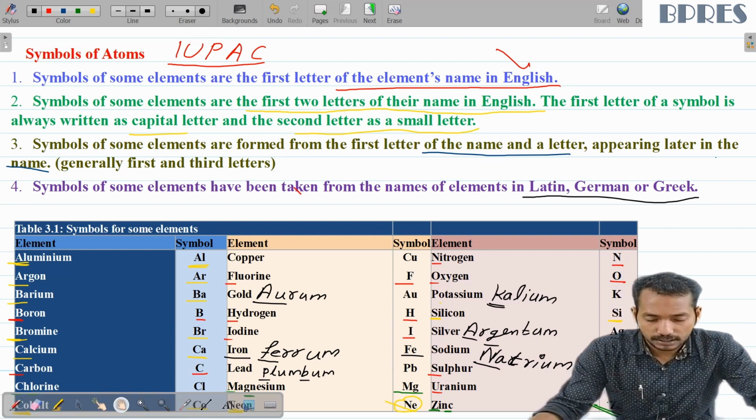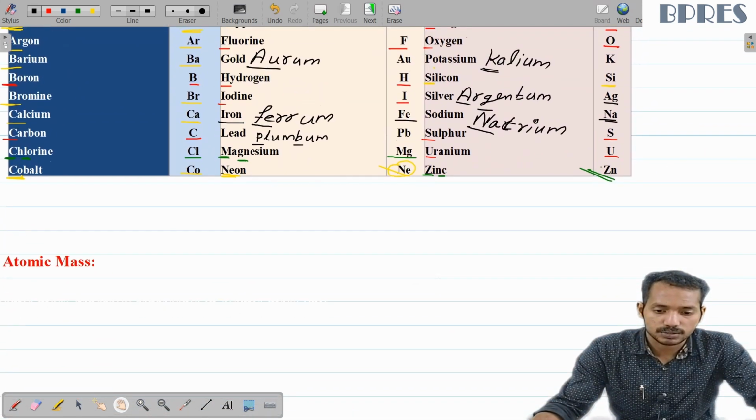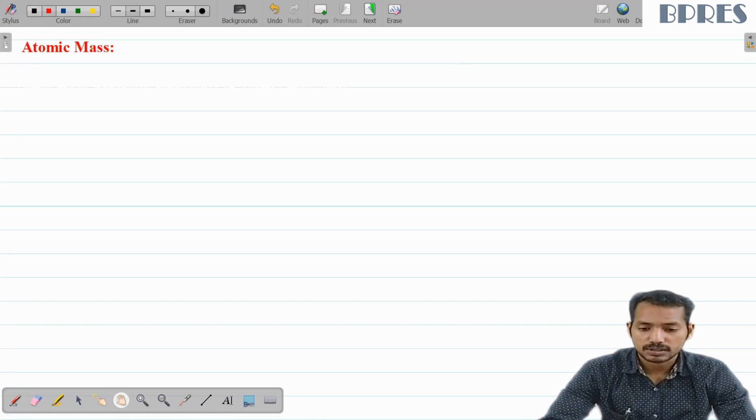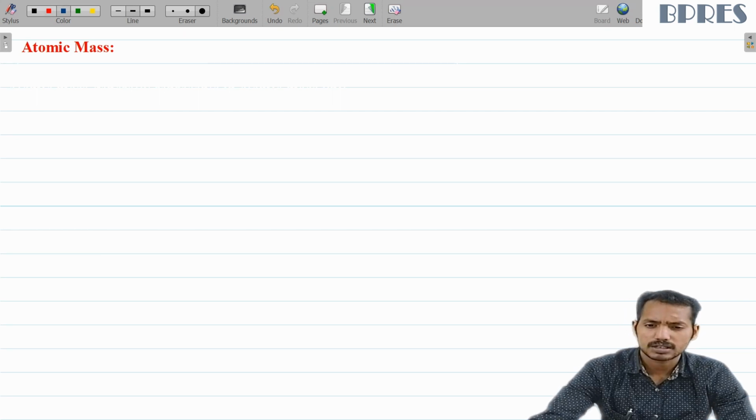Next topic under atoms: about atoms we are going to discuss atomic mass. We know that atoms are very small, teeny particles. Obviously, their mass will also be very small.